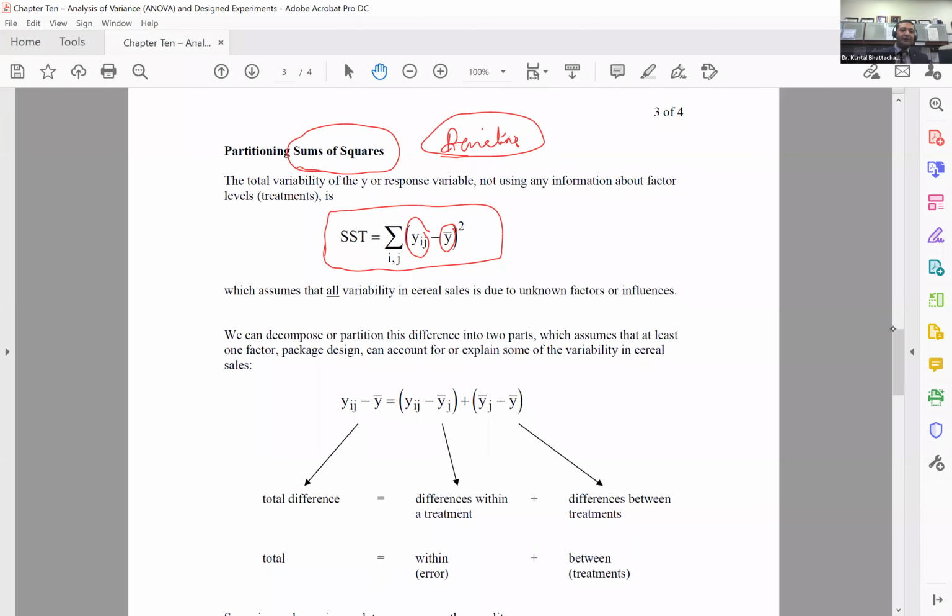Now the fun factor here is how can we decompose this into two parts and actually make it meaningful for each of these parts. Mathematically, this concept is very easy, but I don't want you guys to look at it only from a mathematical standpoint. Once we understand the mathematical standpoint, I want you to also understand what each of those components mean.